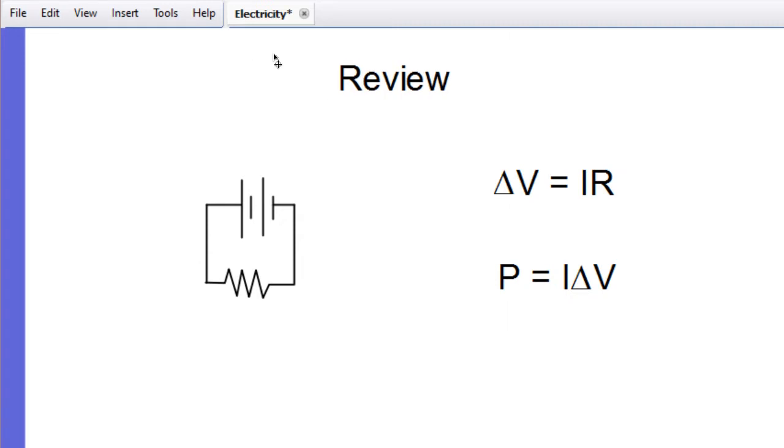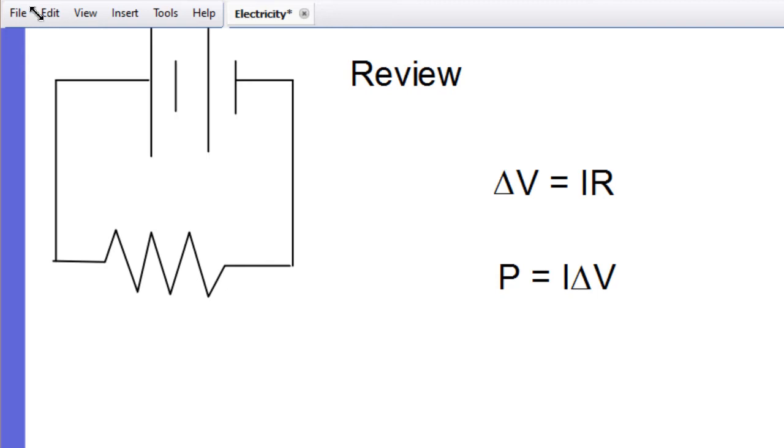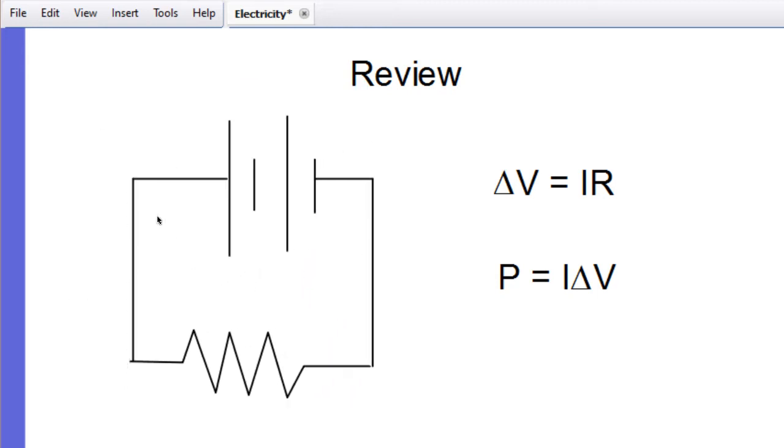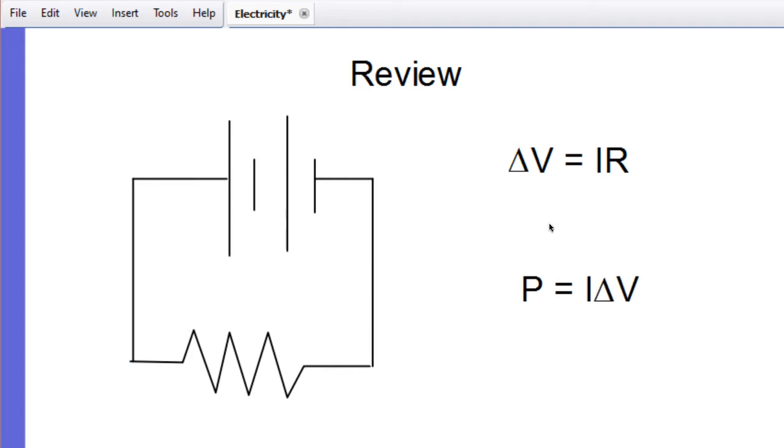Just a quick review. If you have what is called a simple circuit, which is to say one battery and one resistor, these are the only two equations that we really care about. What comes out of the battery is the current.